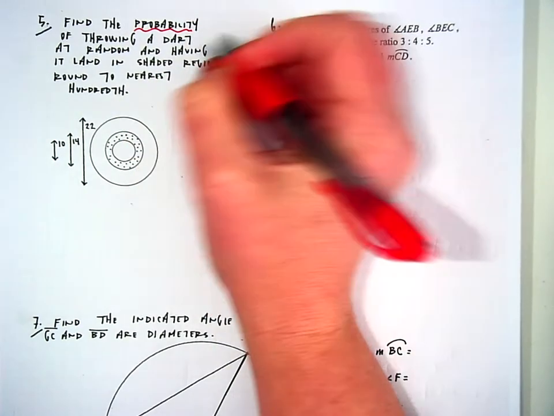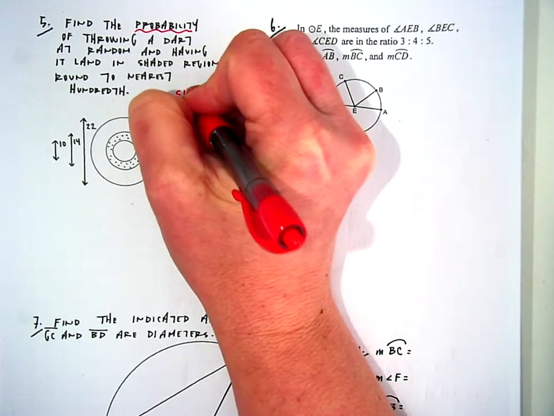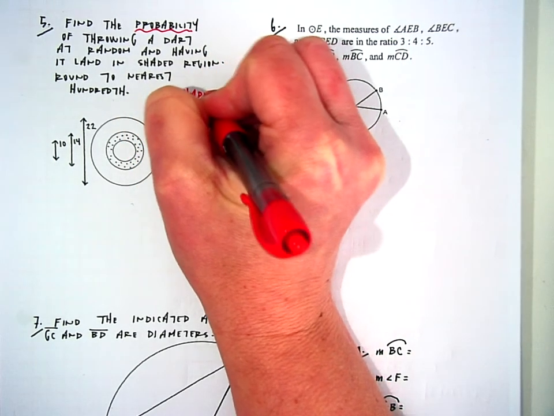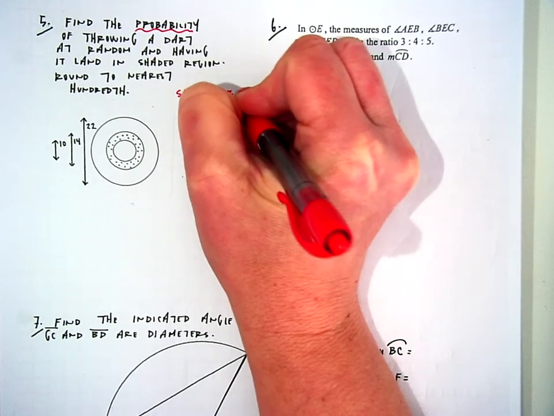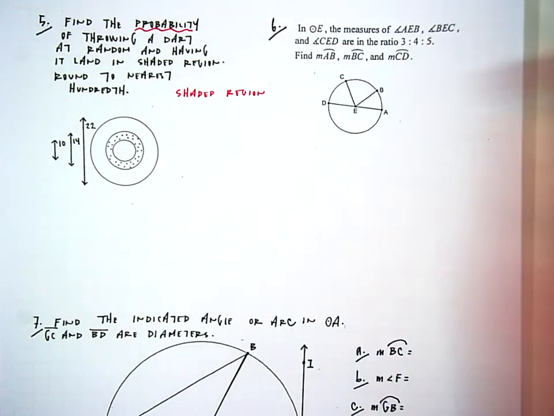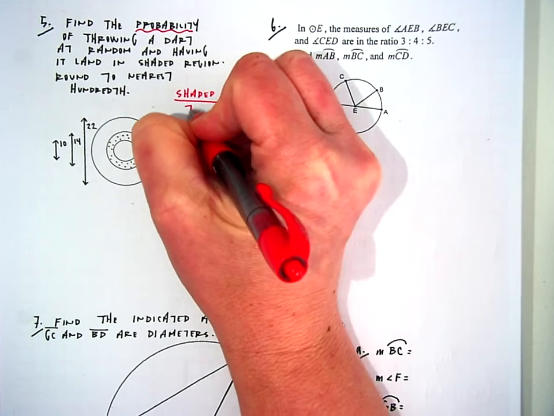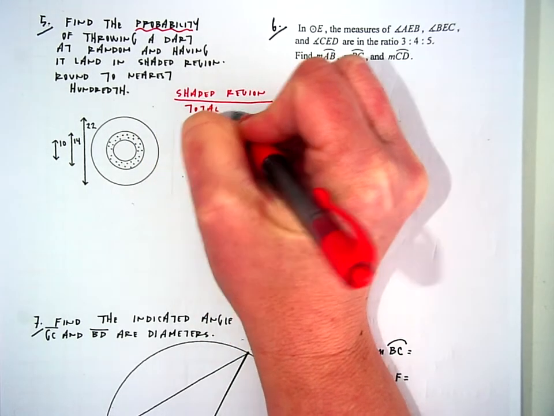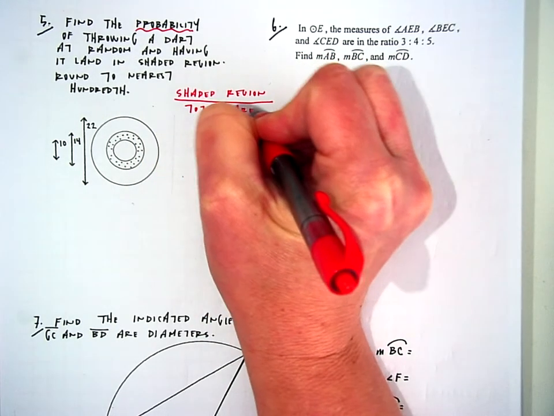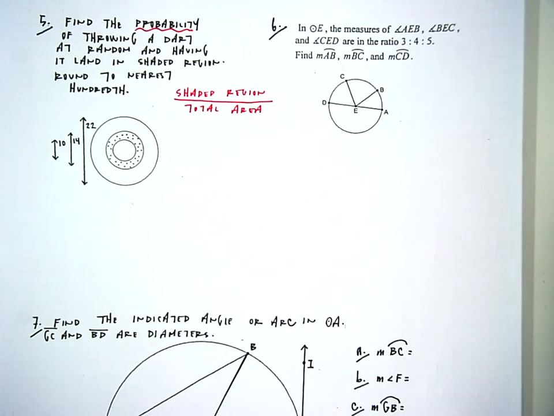And then what do I divide it by? So I'm always thinking, since it's a probability, I'm looking for the area of the shaded region, and then I want to divide that by the total area. So again, we're assuming that this person has good aim and they're at least hitting the board somewhere. So shaded region, total area.